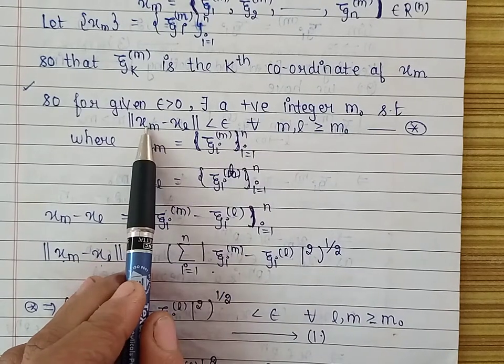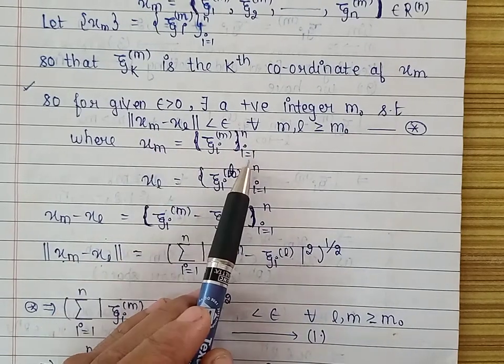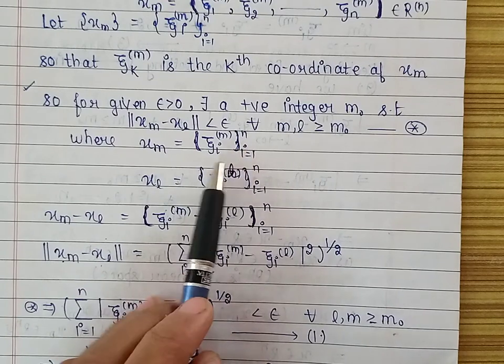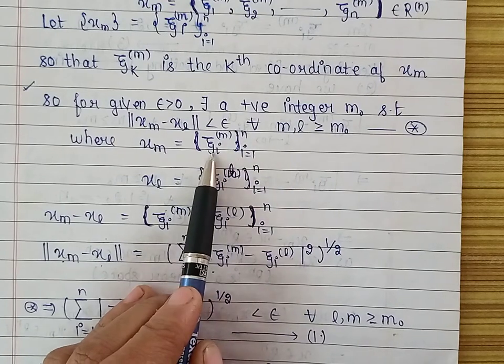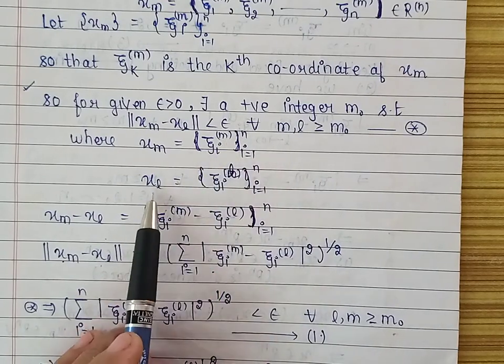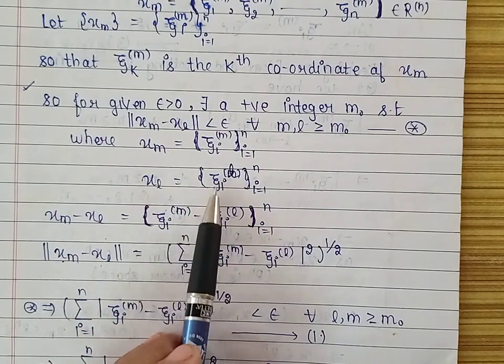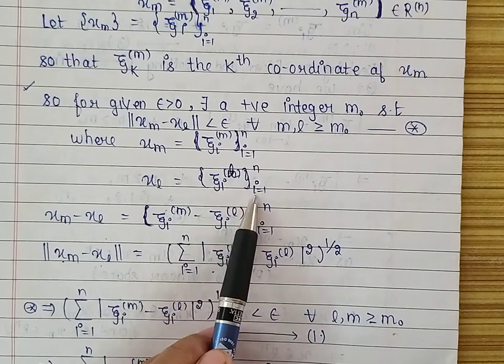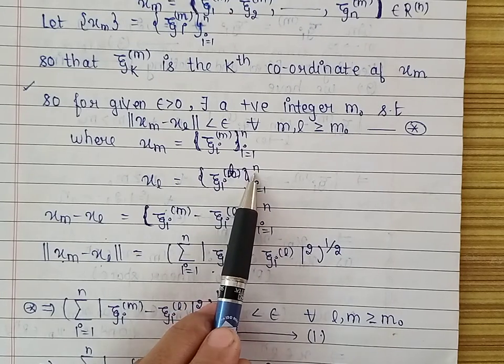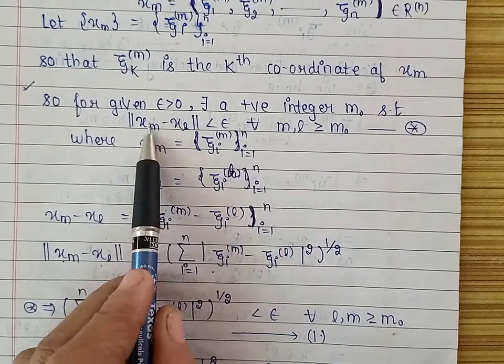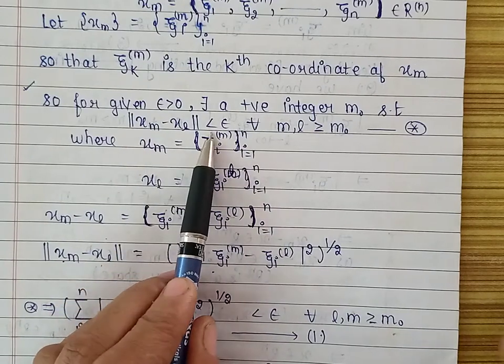Here xm has the n coordinates x_1m, x_2m, and so on, x_nm. In the same way, the element xl we have denoted by x_il, where i varies from 1 to n. Now the norm of xm minus xl is less than epsilon.